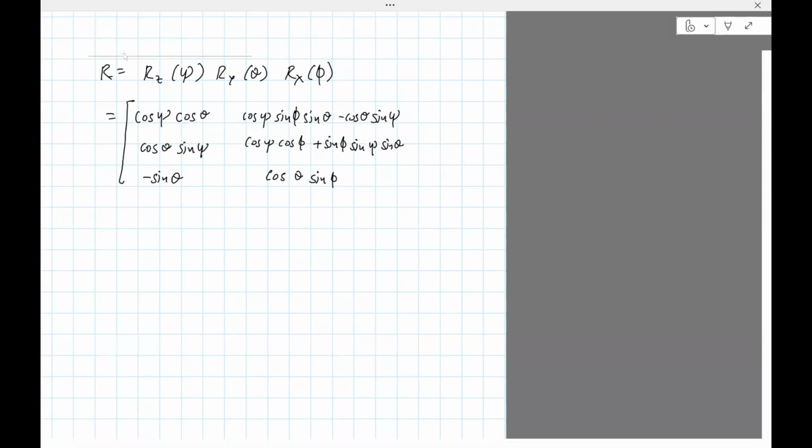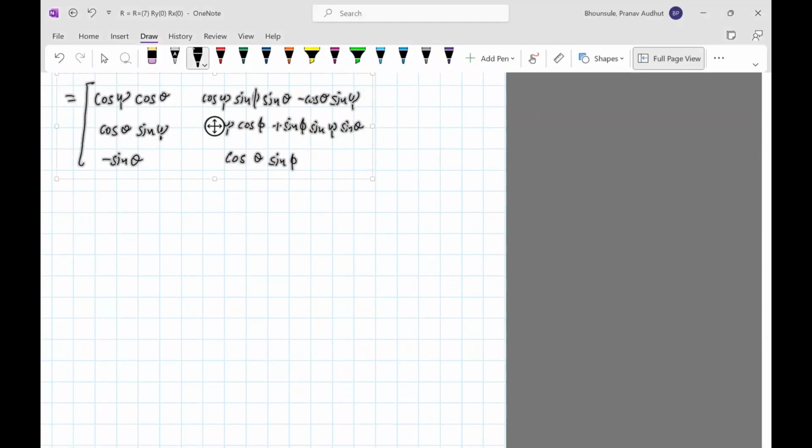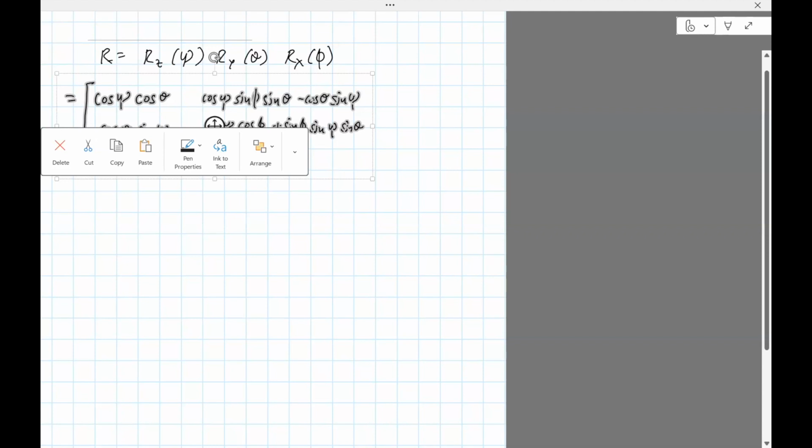Need a lot more space. Okay, one more column, we're done.